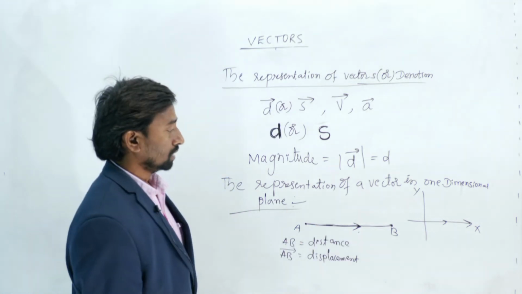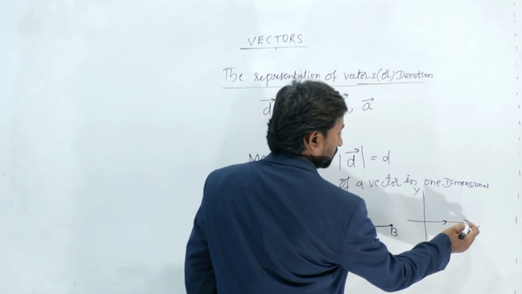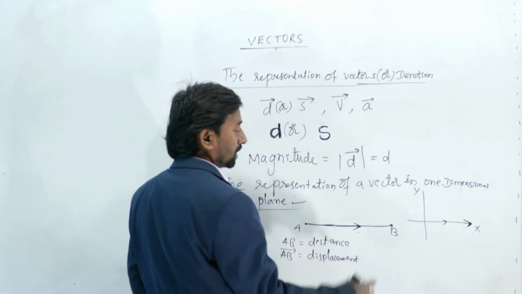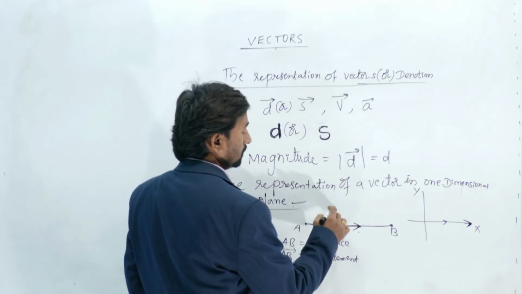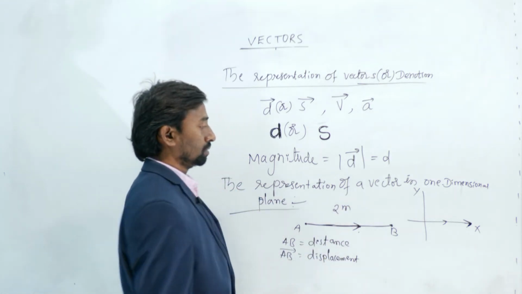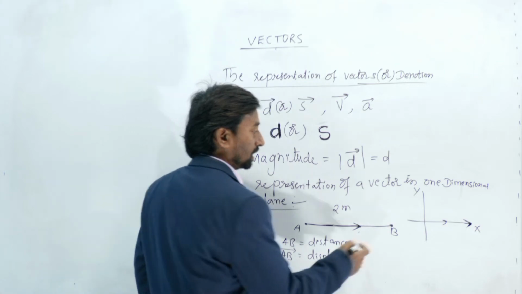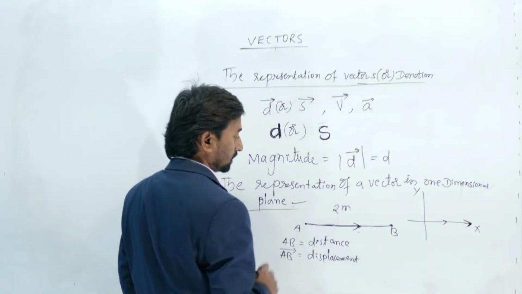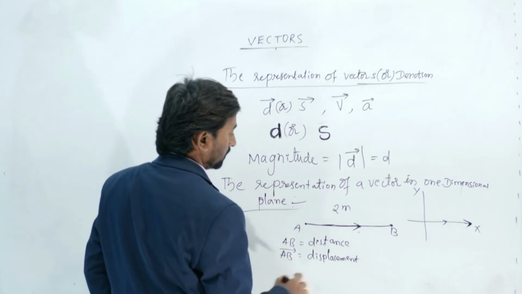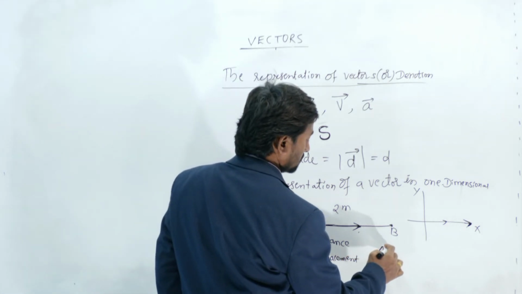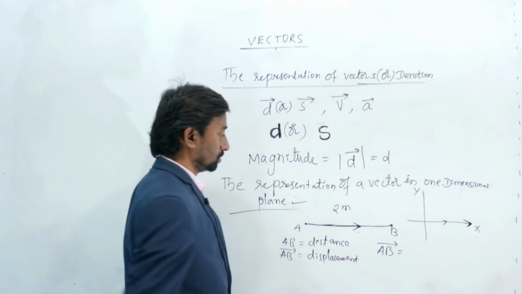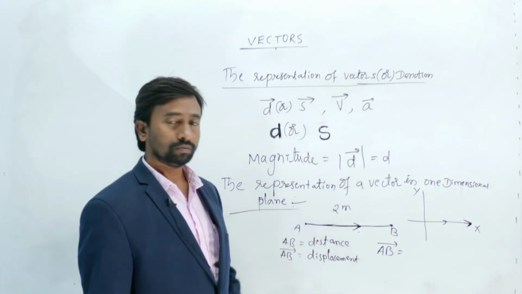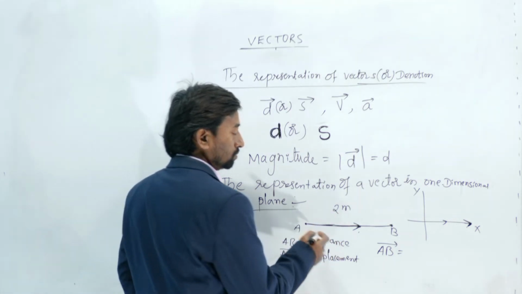Suppose it is the x direction. If the particle is moving along the x direction with a certain magnitude, suppose 2 meters, then it is moving along the positive x direction. This vector a bar can be written as the magnitude, only the numerical value, along the x direction.